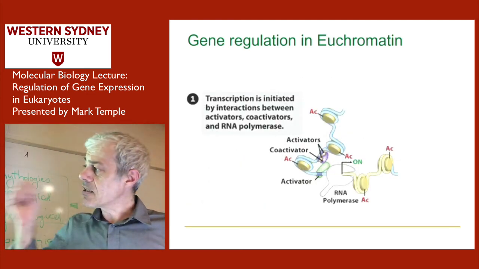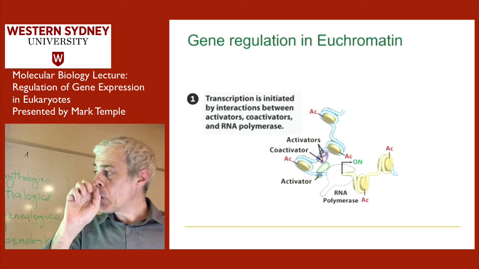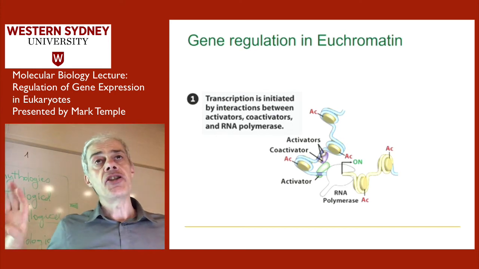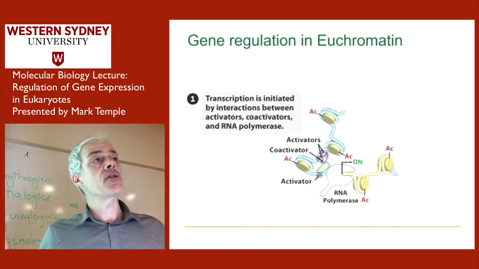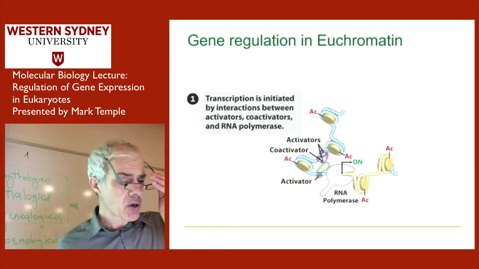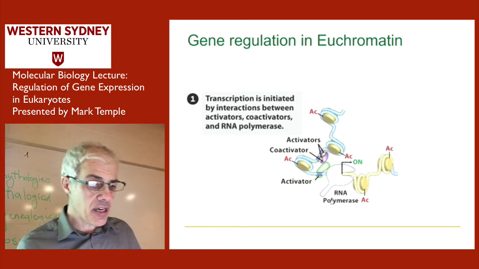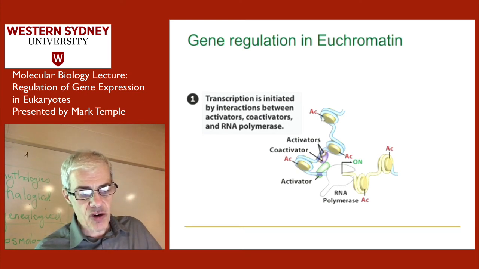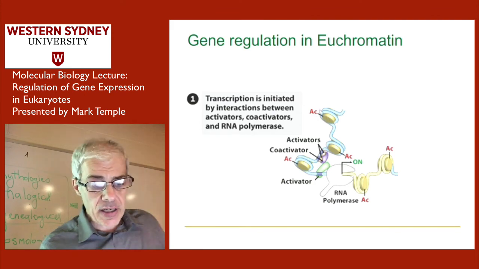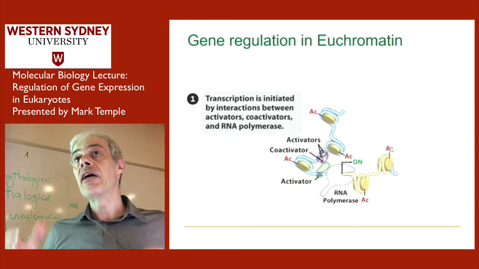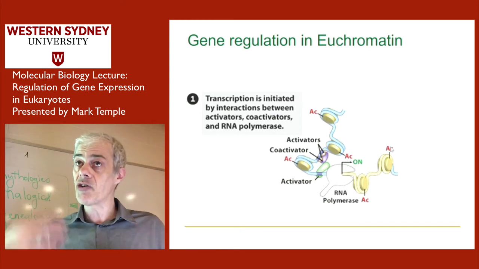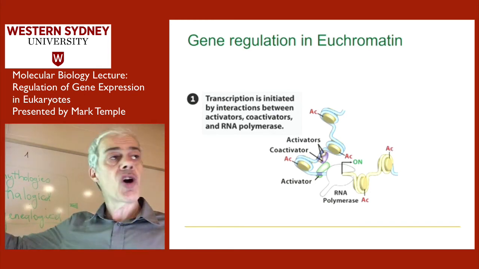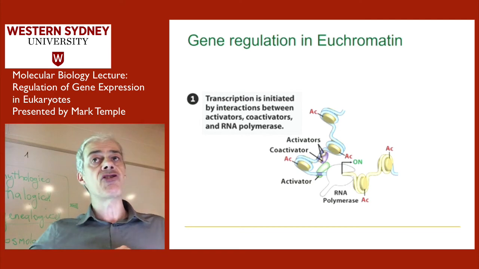There's a nice little cartoon here again from the textbook which shows gene expression in the presence of euchromatin. In this example, you can see that the acetyl groups have been added onto these histone proteins. Because it's been acetylated by histone acetyltransferases, that's already happened, so this chromatin is open for transcription.